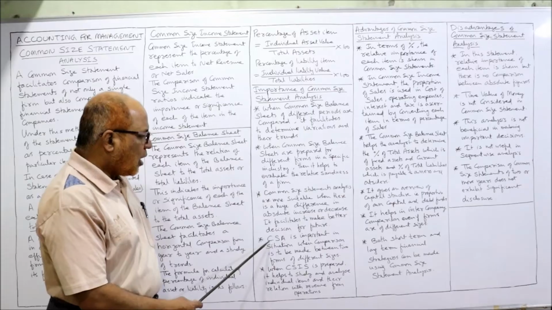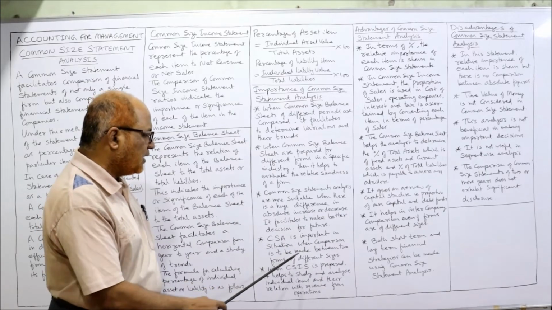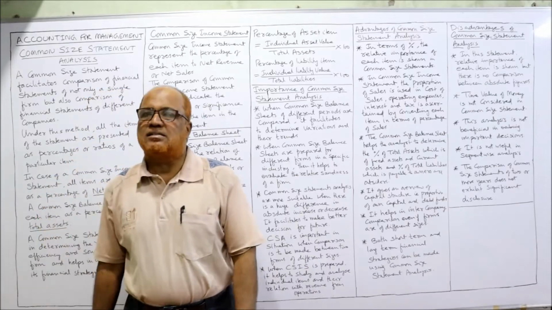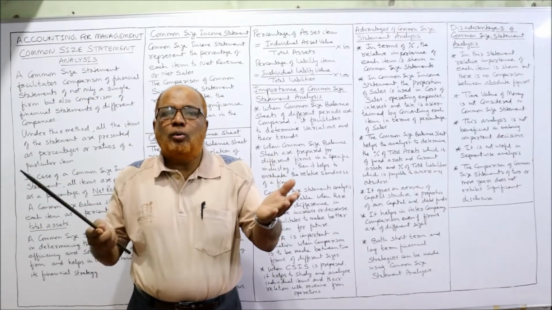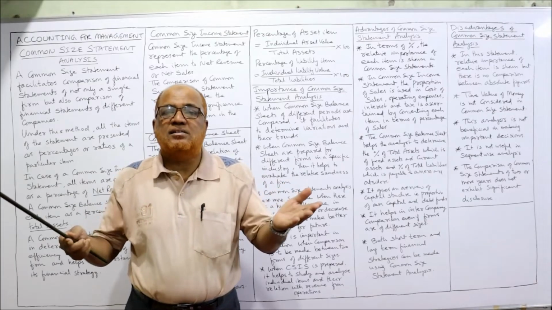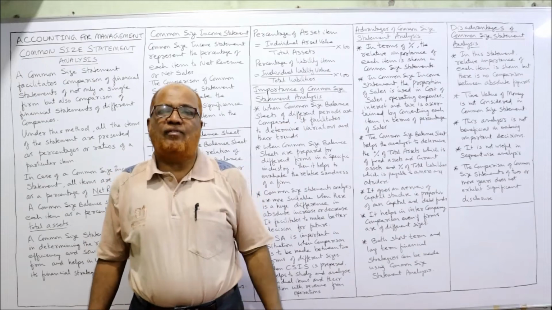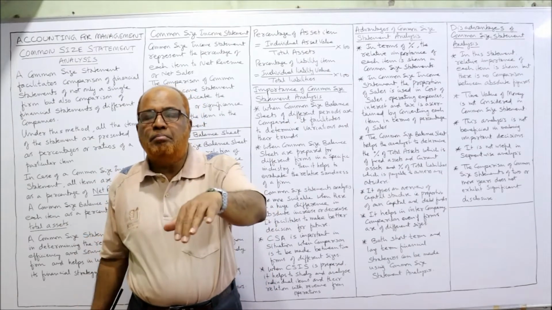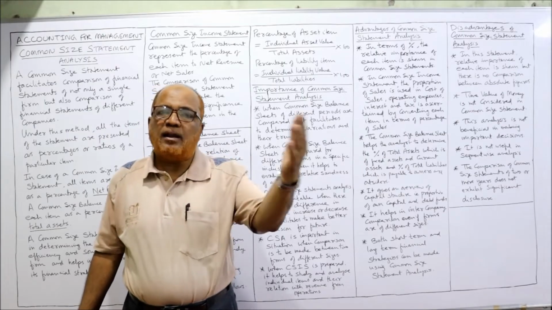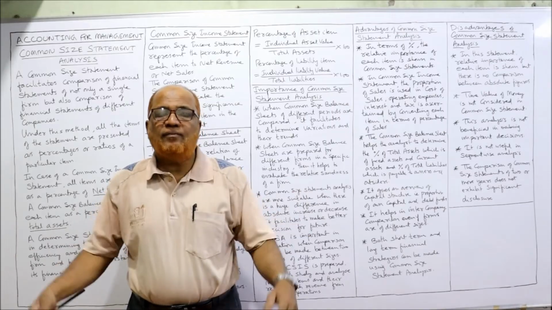Now fourth one, common size statement analysis is important in situations where comparison is to be made between firms of different sizes. See here, it is difficult to compare two businesses of different size, one medium scale firm and one large scale firm. So it is difficult to directly compare the medium size firm and a large scale firm, because the sizes are different, the operations are different.